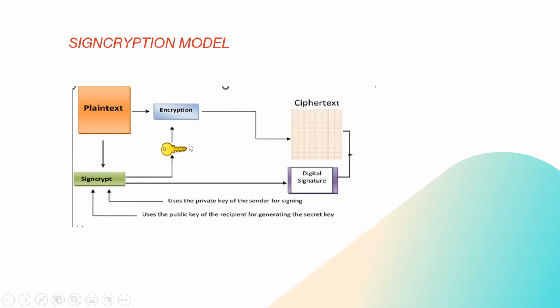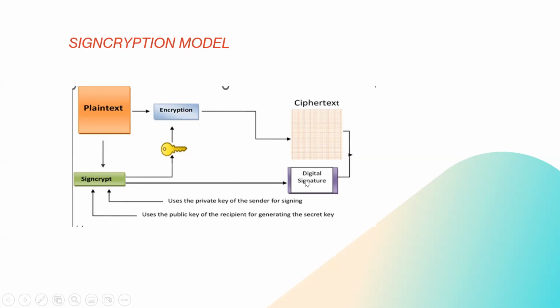To generate this secret key, he will be using the public key of the recipient, and then he will be using the scheme of elliptic curve cryptography, and then generate a key. Then he will be using the chaotic maps for generating the public and private key between both the user and the recipient, and then he will do the encryption scheme with the combination of the secret, and that will form the cipher image or ciphertext, which is an unreadable format.